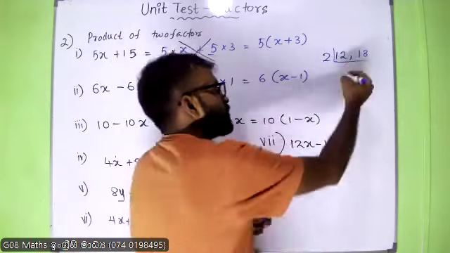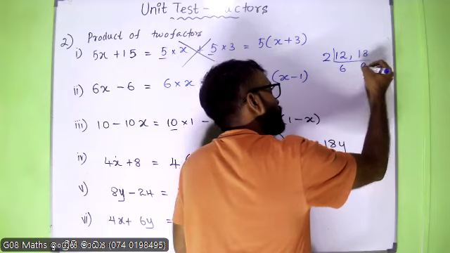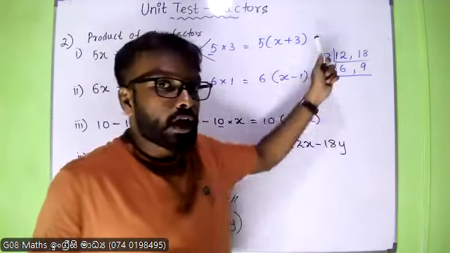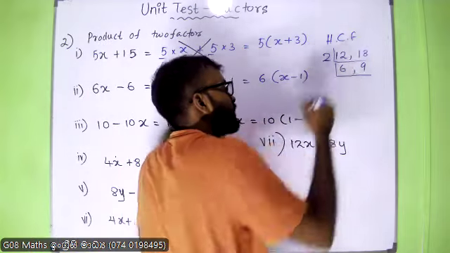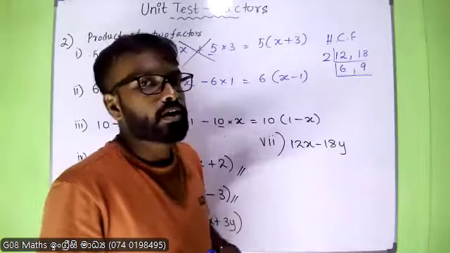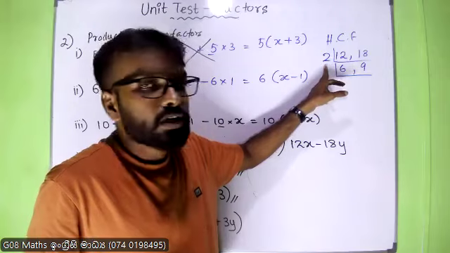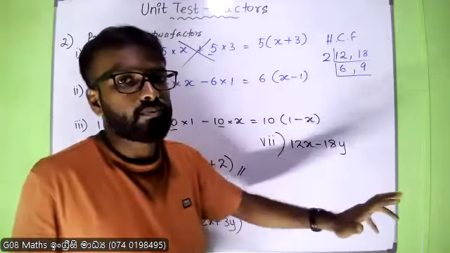2 times 6, 2 times 9. Now we are going to find the highest common factor. This is not the least common factor. The number that you choose here should be able to divide 6 and 9 at once.